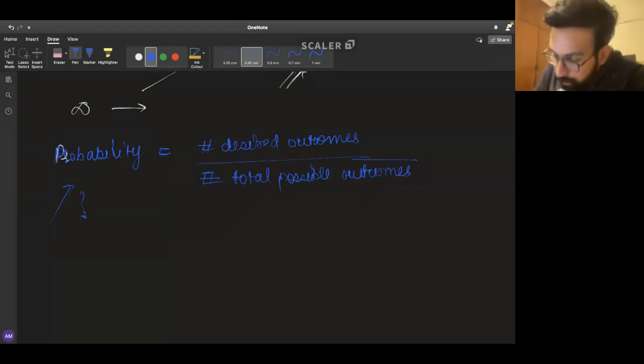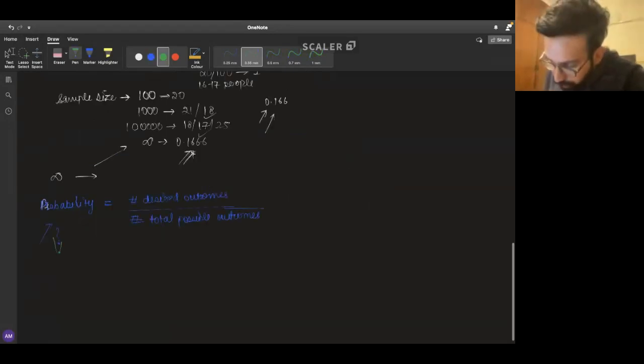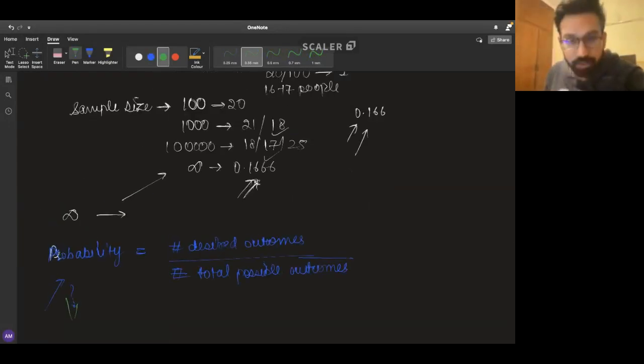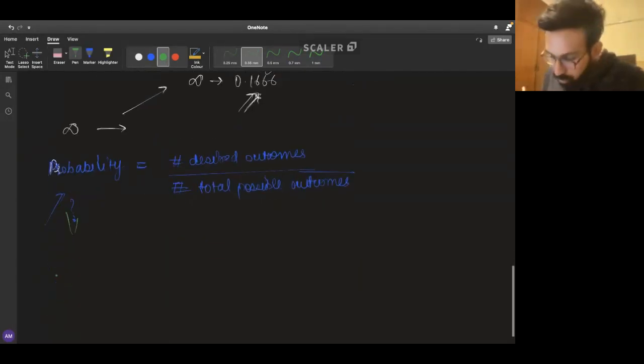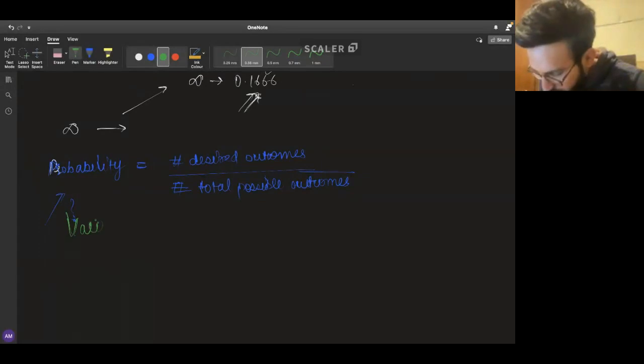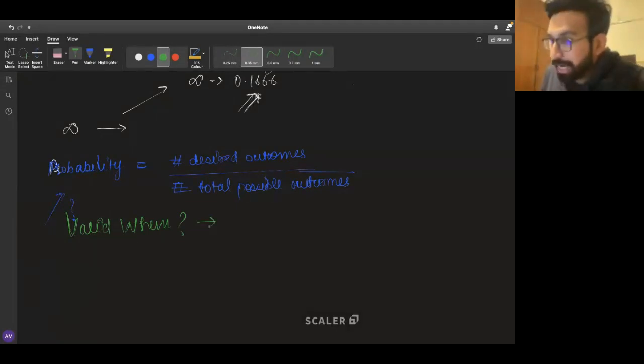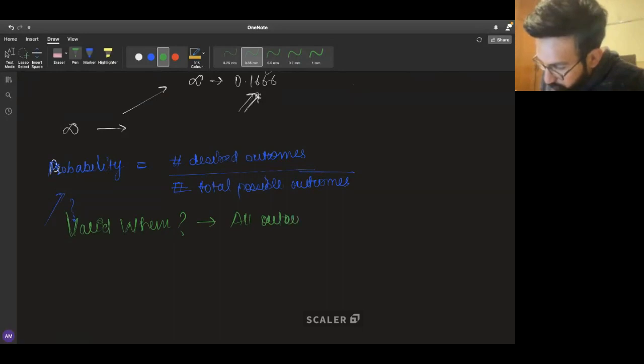No, this definition is only valid when all the outcomes are equally likely.